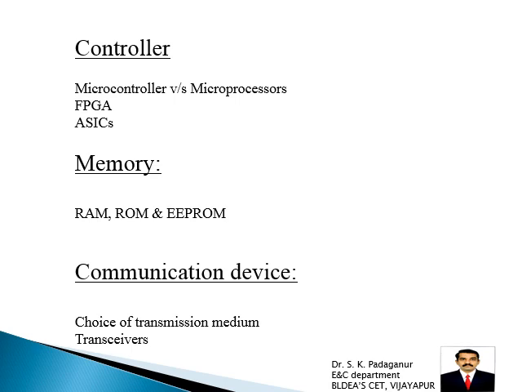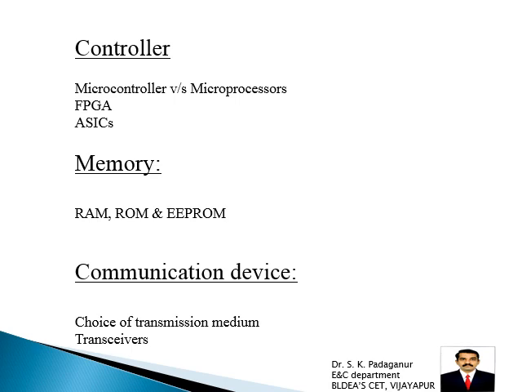First, the controller is used to process all the relevant data, and it is also capable of executing arbitrary code. Whenever you are executing code, the main controller executes it. The controller is nothing but a microcontroller or microprocessor.